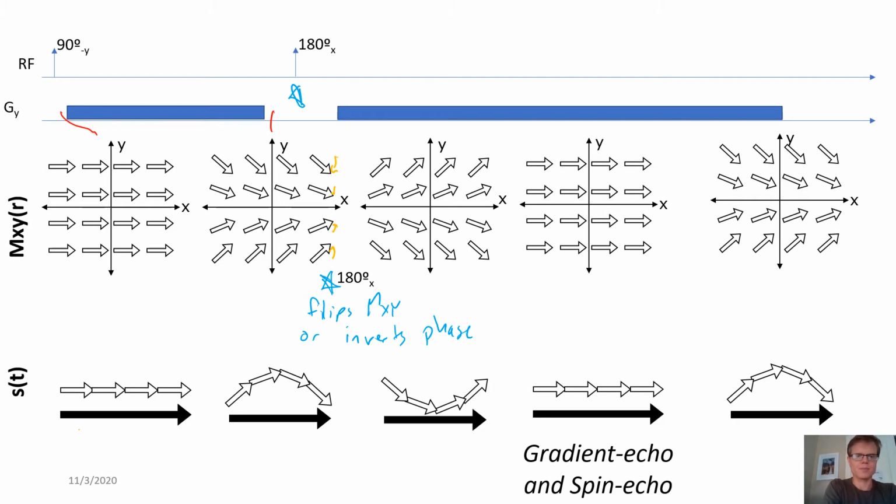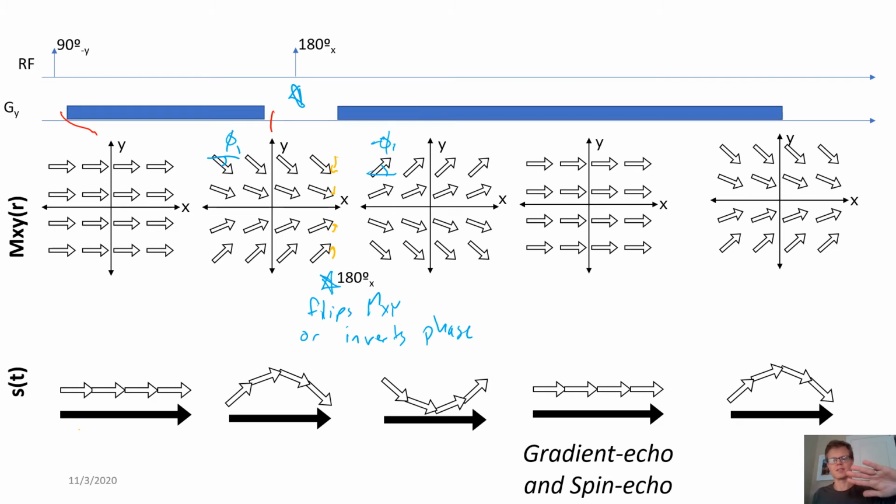So if at this time we're here at some angle phi 1, then at this time here, we're at an angle of negative phi 1, and this is true for anywhere in our object.